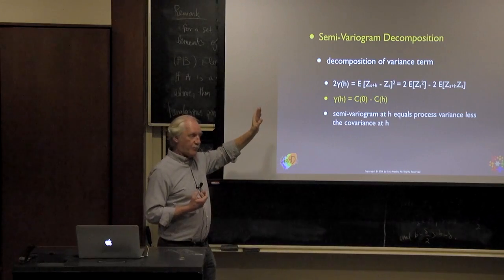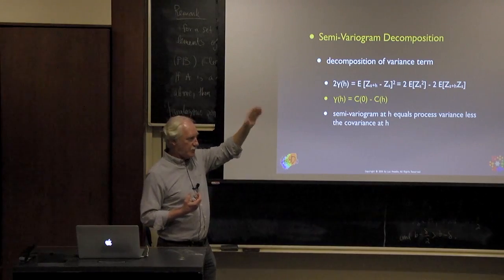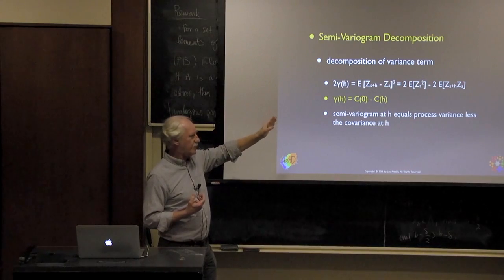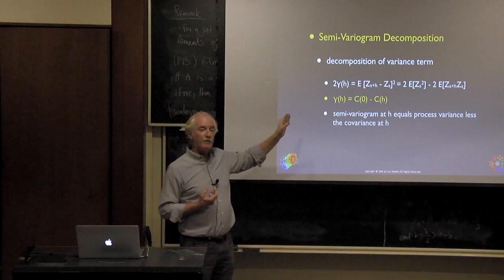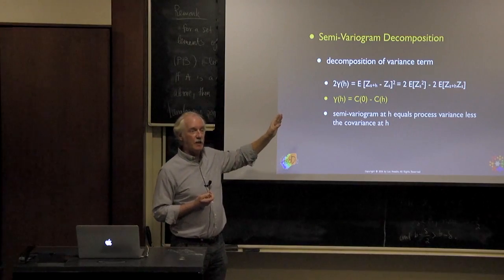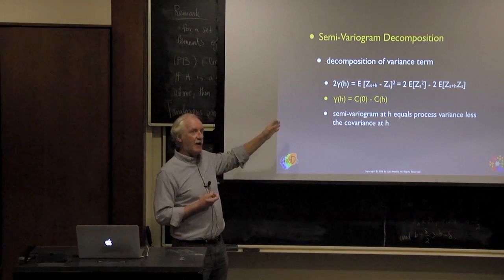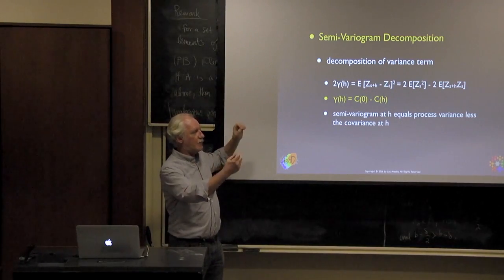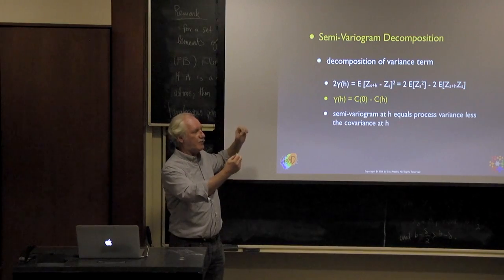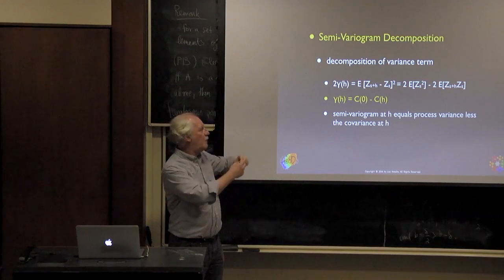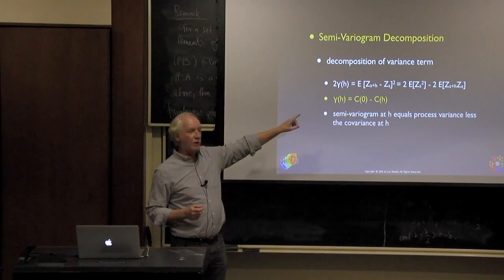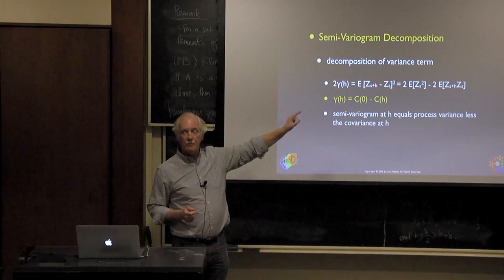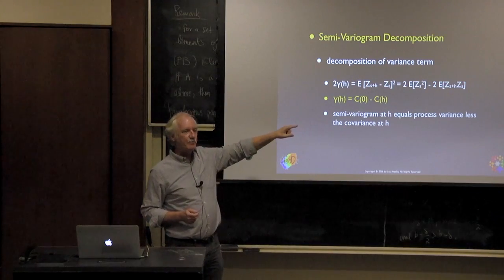And so the mean is 0, or it's irrelevant because it's constant. But also we've assumed that the variances are the same. So the expected value of the square of the first one and the expected value of the square of the second one are the same. They're the variance of the process. So you add them up, you have twice the variance of the process minus, very important, minus twice the covariance.